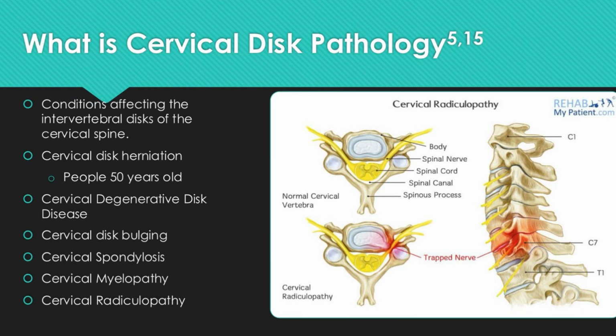Dutton defined cervical radiculopathy as a condition that occurs at the cervical nerve root and is most commonly caused by a disc herniation or space-occupying lesion, resulting in nerve root inflammation, impingement, or both.